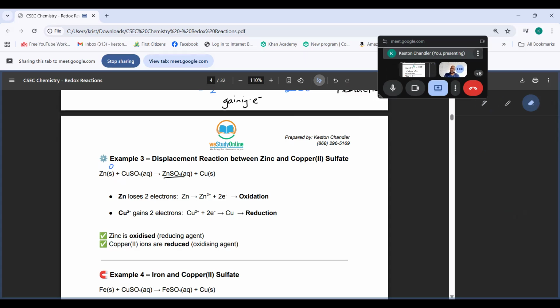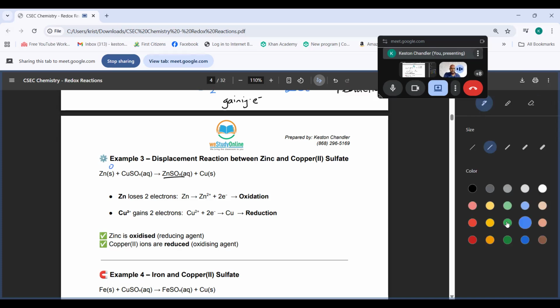Now, when it kicks the copper out to combine or bond with the sulfate, the zinc here becomes zinc 2+, right? It becomes zinc 2+ because it is giving up 2 electrons to sulfate. Sulfate is actually taking those 2 electrons, and this is why they could bond together. So what is happening is we have the zinc going to zinc 2+, giving up 2 electrons, right?